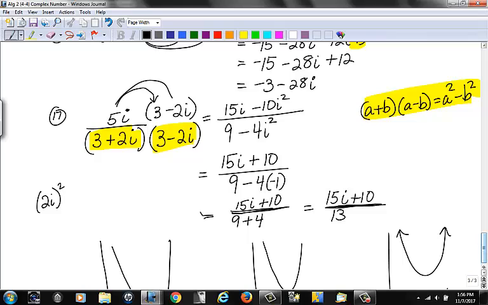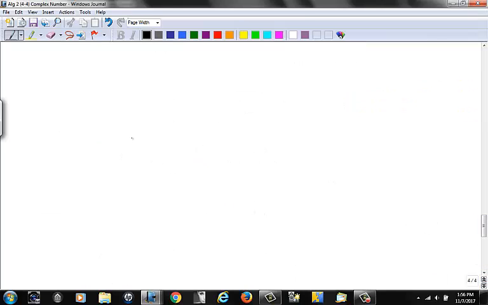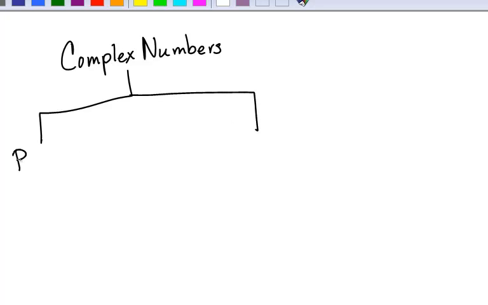Okay? So, the other thing is, for what you did, let me take you just from the top. What you did today was complex numbers. That's huge in Algebra 2. Okay, then you took the complex numbers, and we have the real numbers.